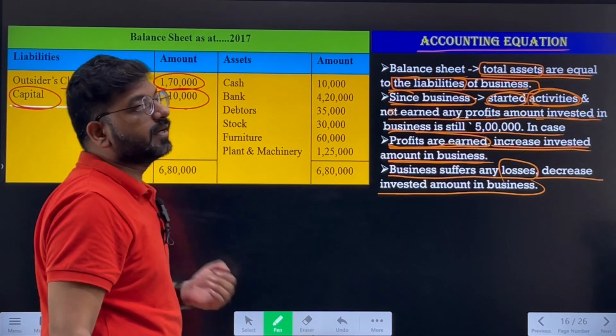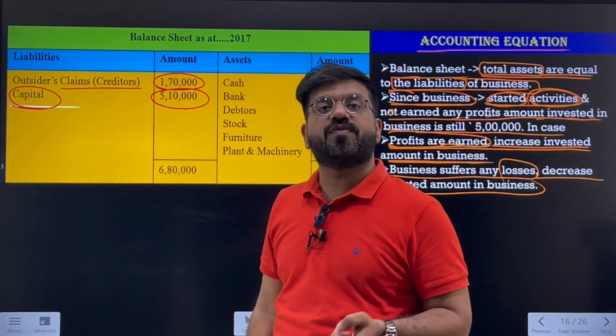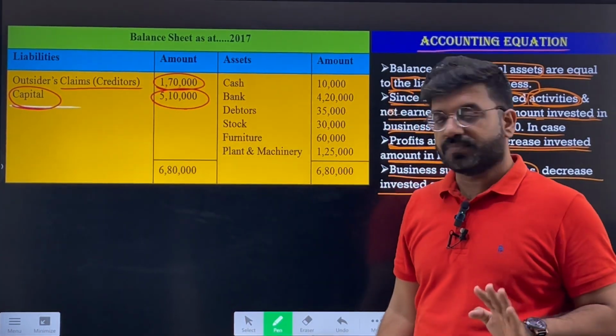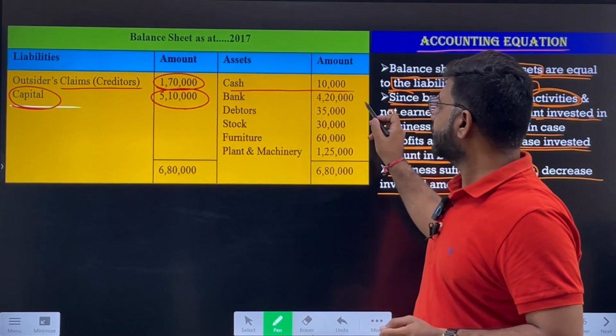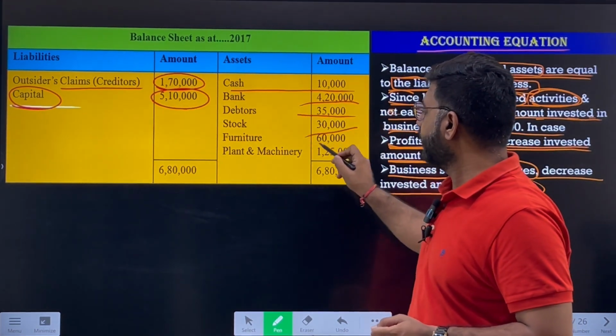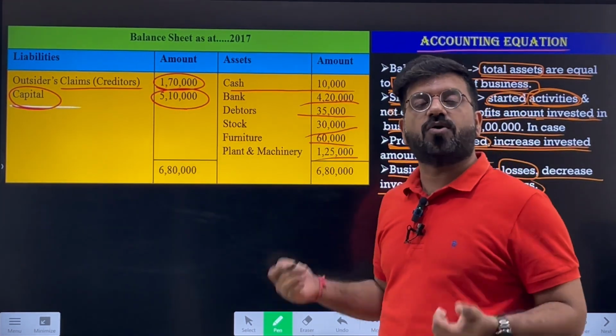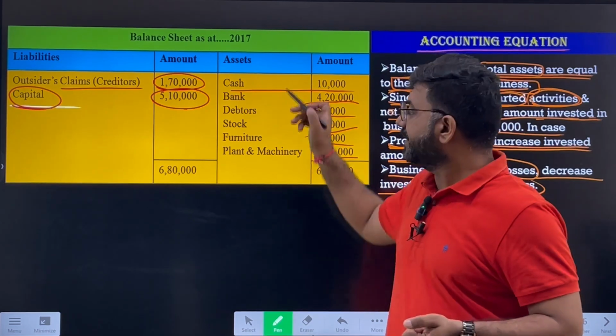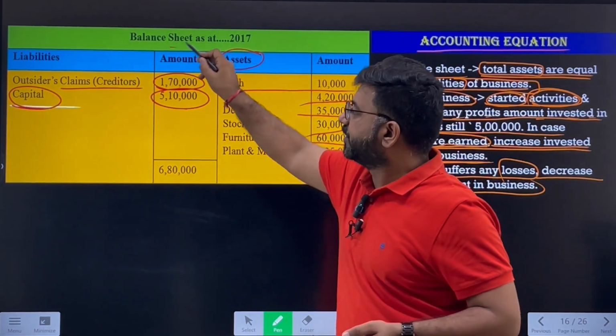Now who are creditors? Creditors are the persons from whom we purchase the goods on credit. We have the balance of cash, bank, debtors, stock, furniture, plant and machinery. These are all the assets which are to be recorded on the asset side of the balance sheet.